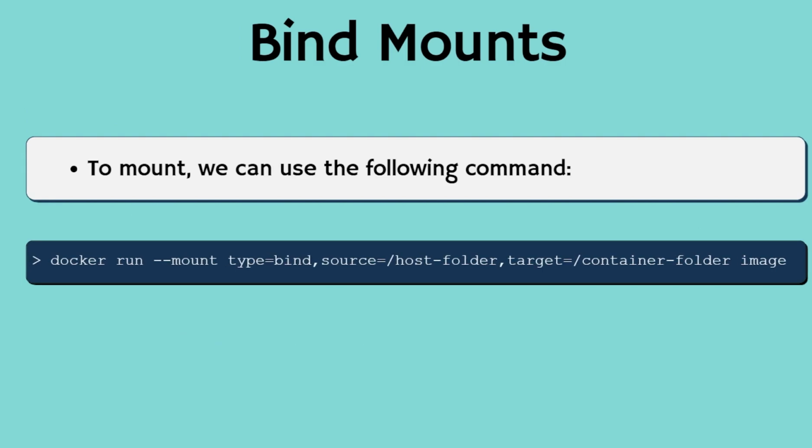To mount, we can use the following command: docker run --mount type=bind,source=/host-folder,target=/container-folder image.